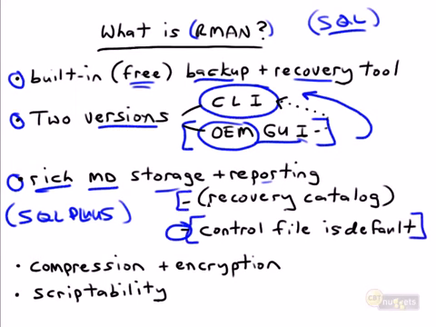Now, another option is to use a separate database called the recovery catalog to store metadata. And recovery catalog, as we'll learn elsewhere in this training, is great for two reasons. One reason is that you can store far more information in the recovery catalog than you can in the control file. The control file eventually is going to circle back upon itself. The second thing that's cool about recovery catalog is that it's a shared database.